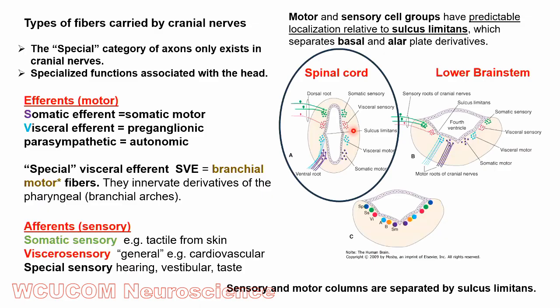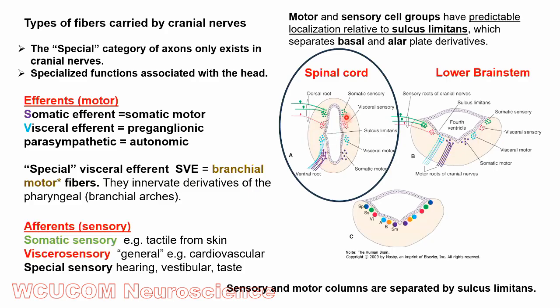Okay, by which we can determine which is sensory and which is motor. In the spinal cord, we only have the so-called general. Even in terms of the visceral motor, future sympathetic, and if you're down in those sacral segments, some of them will have parasympathetic, right? So that describes our spinal cord.